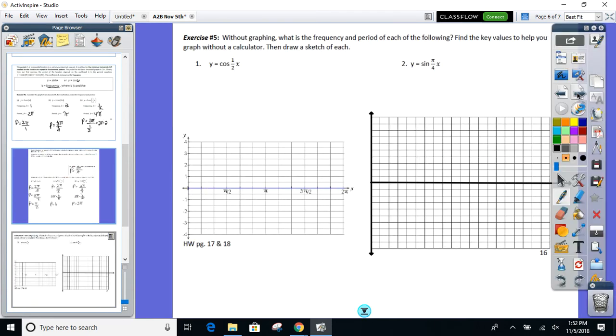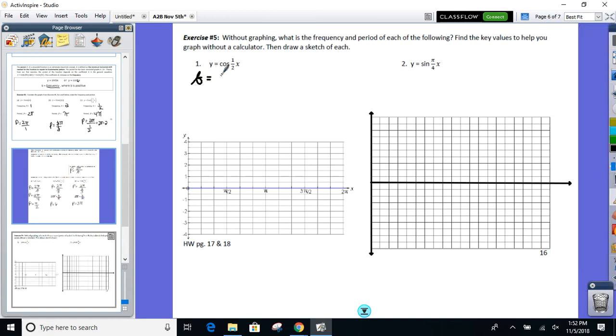All right, let's go back to graphing. Without graphing, what's the frequency and the period? Let's just go first with frequency. Frequency, 1/2. You and your group right now, go ahead, find the period of this graph.